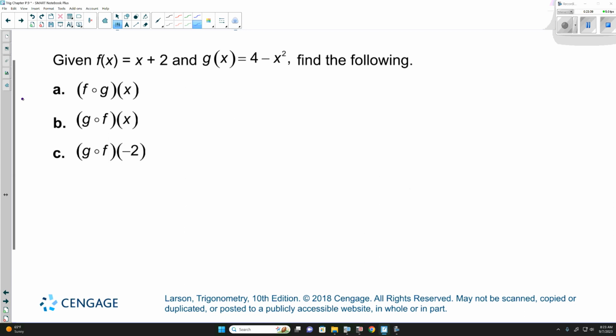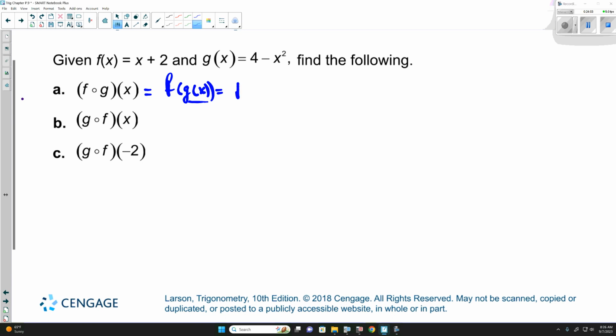And now we're going to do this with some of these here. Now the first one, f of g of x. So what we're saying is we have this here. All right. We're back in it with this here, f of g of x. Now the first thing we do is we always go from the inside out.